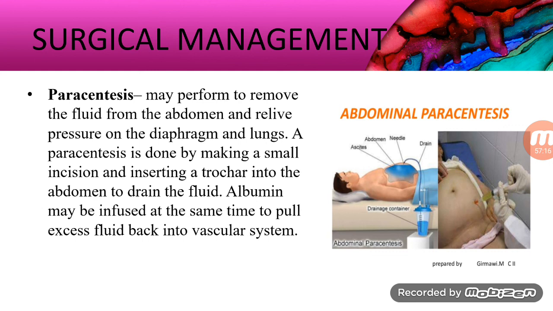And albumin may also be infused at the same time to pull excess fluid back into the vascular system. So not only removing the fluid, we can also infuse albumin so that the excess fluid can be pulled back into the vascular system.